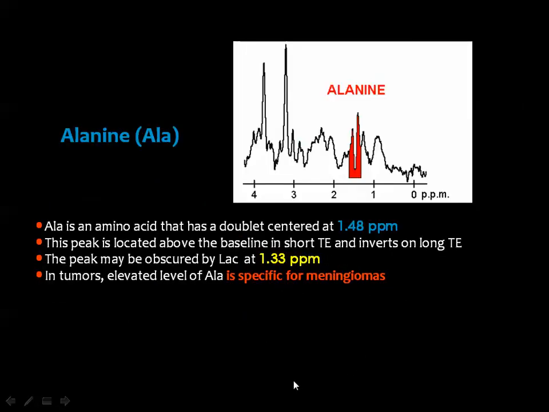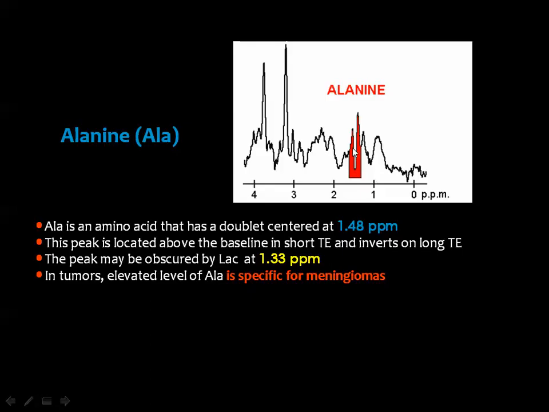And this is the alanine peak I have mentioned a moment ago, and this is located at 1.48 ppm. And this may be obscured by the lactate peak, which is located very close at 1.33 ppm.